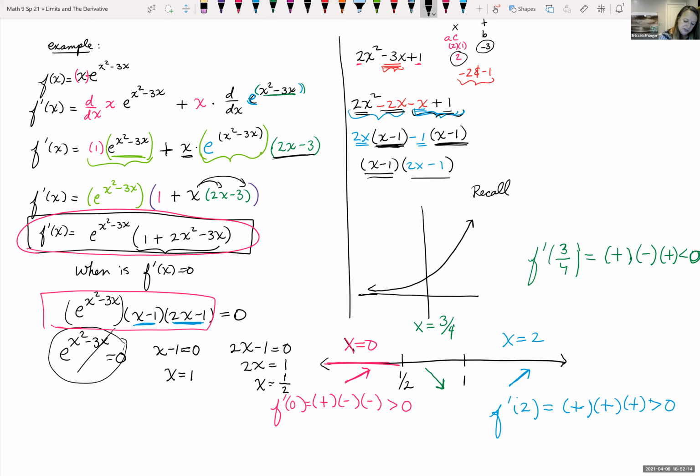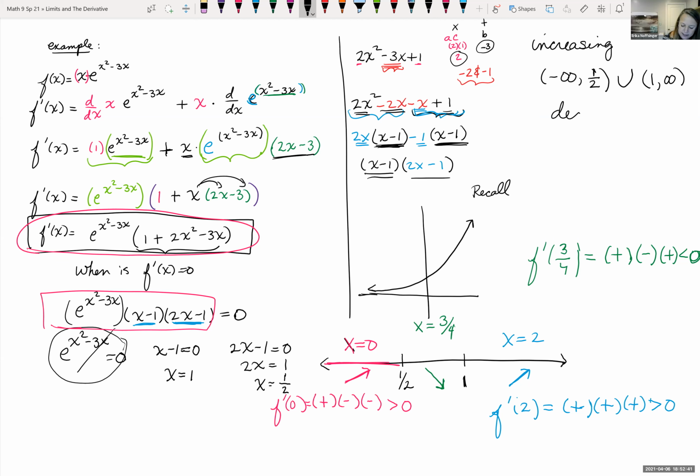So we're increasing from negative infinity to 1/2, union, we're also increasing starting at 1 to infinity.